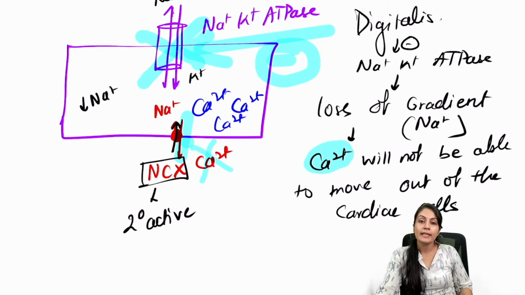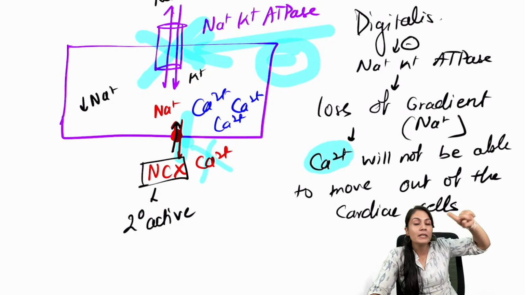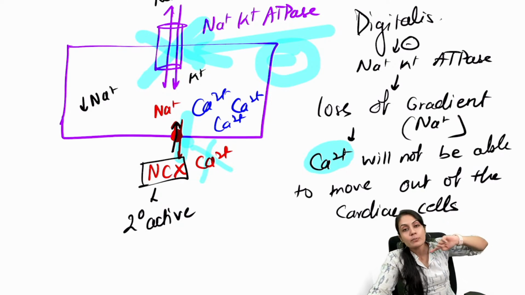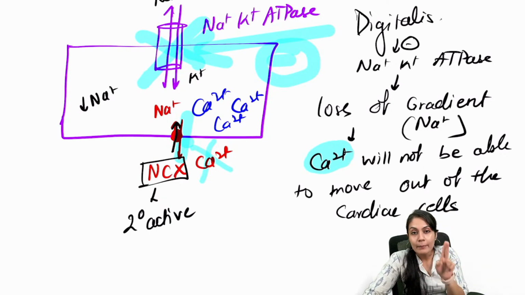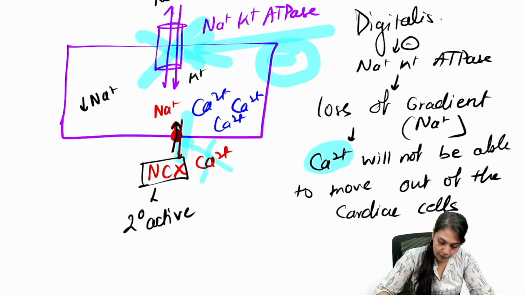Calcium is required for two things. In the nerve, or in various places, it is responsible for exocytosis. And the second major thing it does, in the muscle specifically, is cause contraction. So over here, the overall force of contraction will be increased.